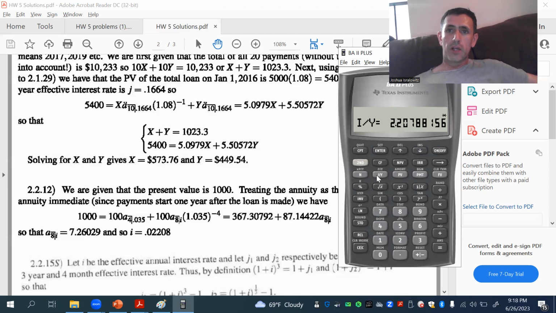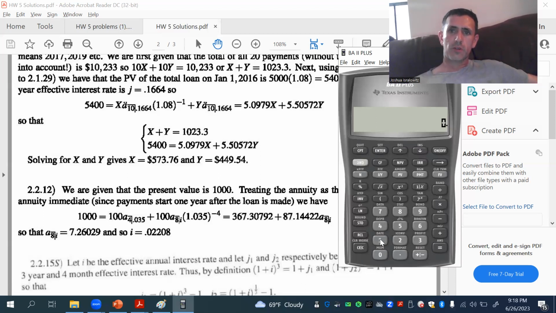Compute I/Y and we get the same answer. Remember, the calculator always spits out a percentage as an interest rate, and you have to input percentages as interest rates. So this is 0.02208.